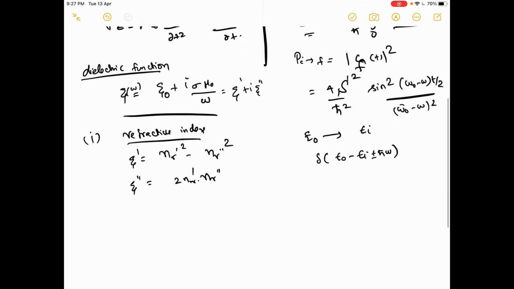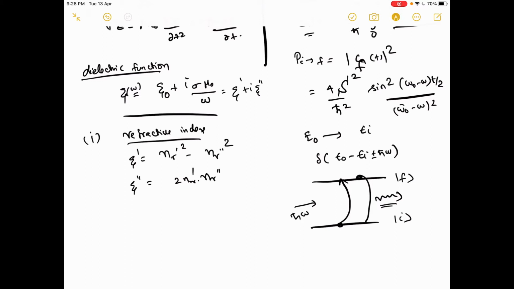So if I have two states, final and initial, we saw that the electron can be excited by h cross omega directly up, or an electron which is already excited can come down between the initial and the final states to give you a photon. And when it gives out a photon, note this photon is phase coherent with the initial photon, so you can have what is called stimulated emission.